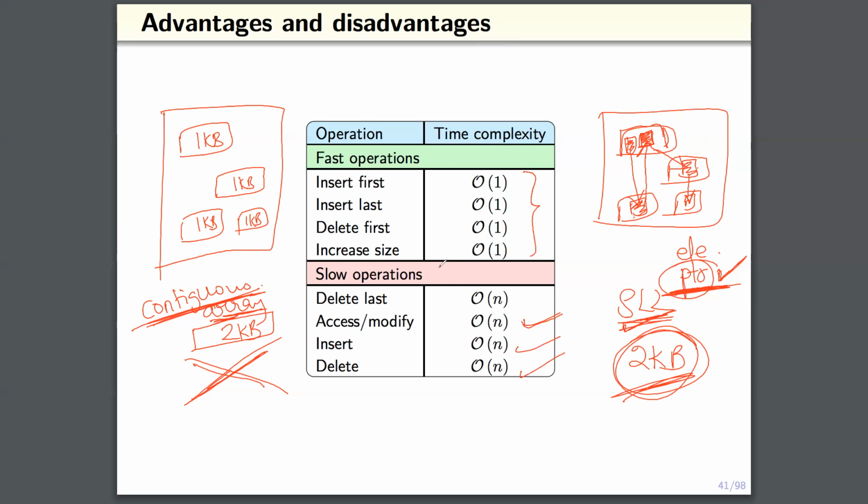All these are fast operations, all these are slow operations. So if there is an application that says I will need insert first, insert last, and delete first, then you need to go for SLL. Do not go for an array, because array insert first is theta of n.